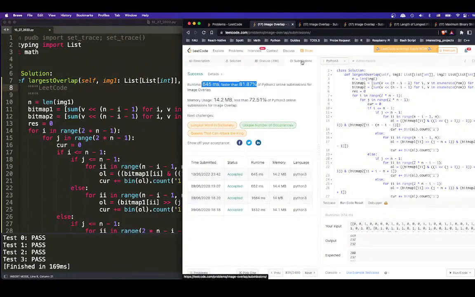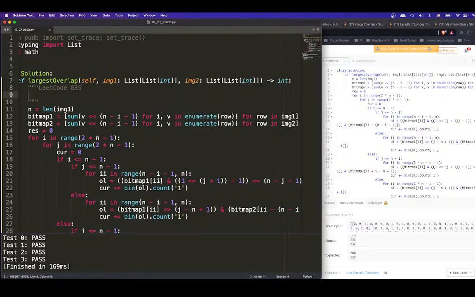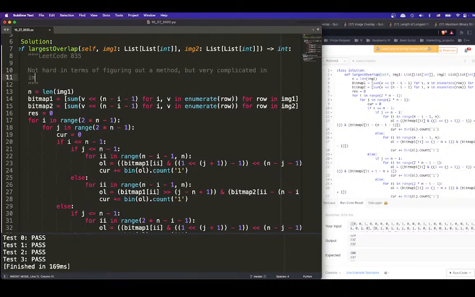All right, how long did it take? Took 47 minutes today. Not hard in terms of figuring out a method, but very complicated in implementation.